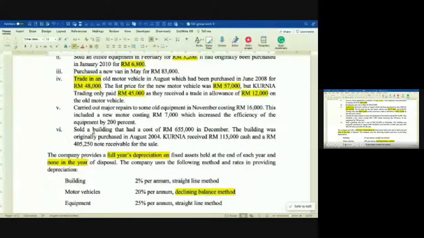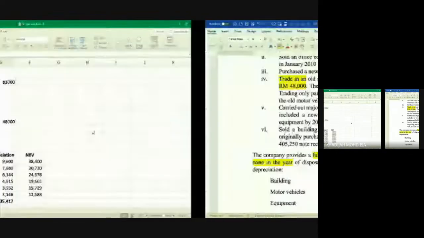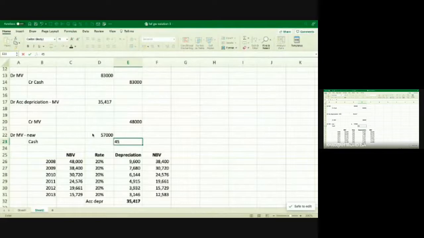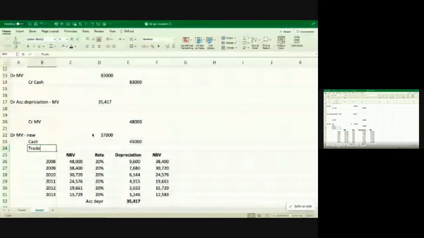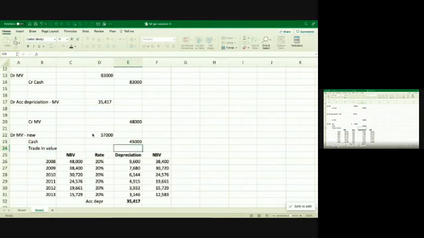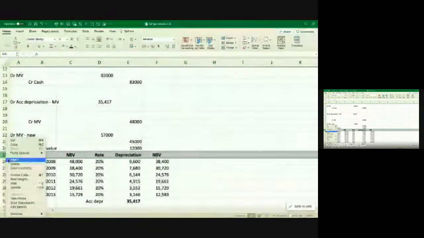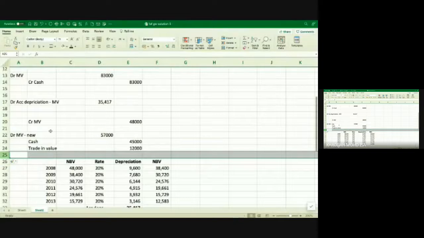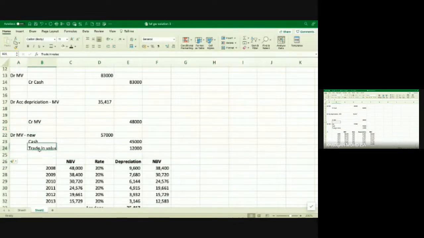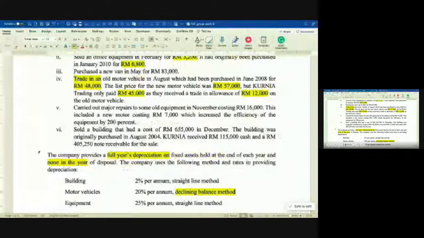You only paid 45,000 only, right? Why? Because you have a trade-in value. How much is the trade-in value? It is the 12,000, the difference, yeah? And for that motor vehicle, what else do we have here?